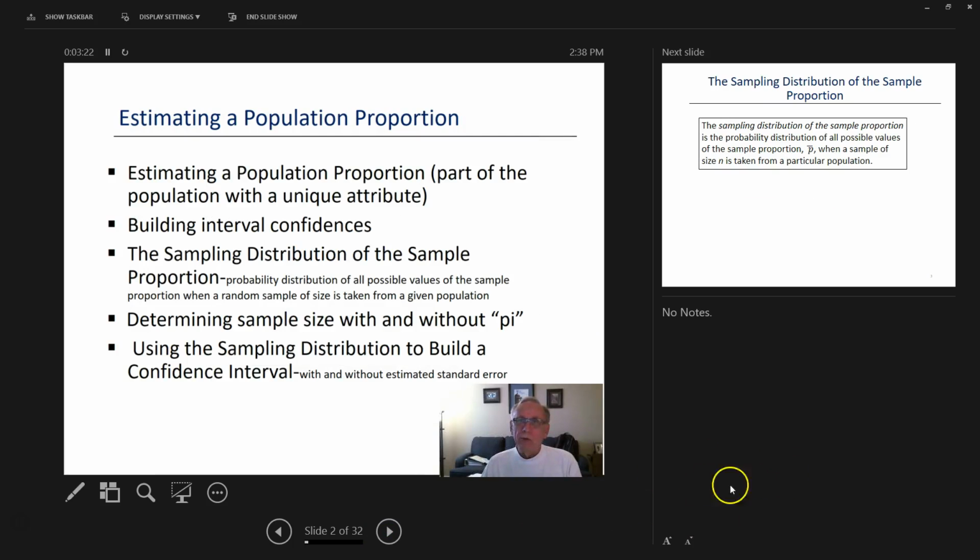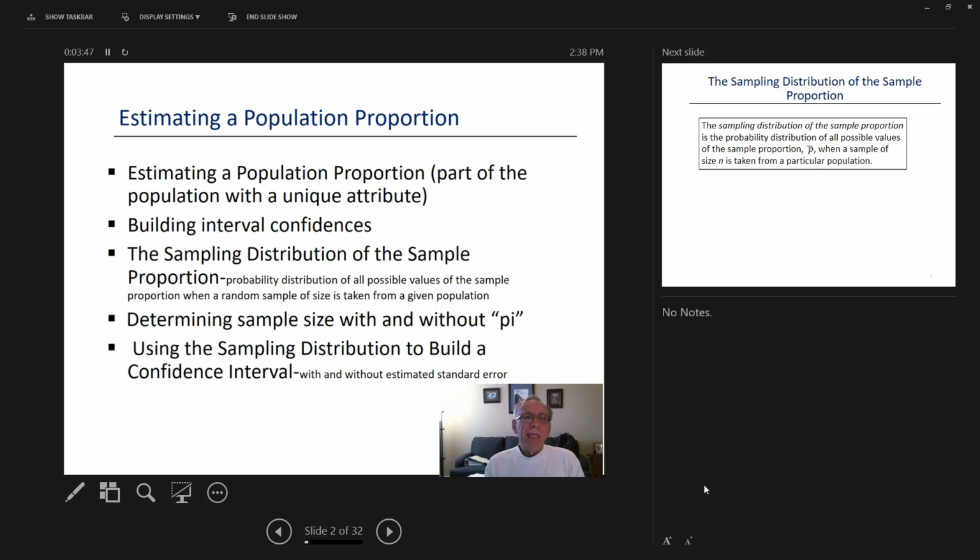Moving forward to Chapter 8, it covers a number of things. We're talking about taking a total population and taking a portion of that population. And in some cases, later in the chapter, we're taking a couple of different population proportions out of that total population and starting to compare one to the other.